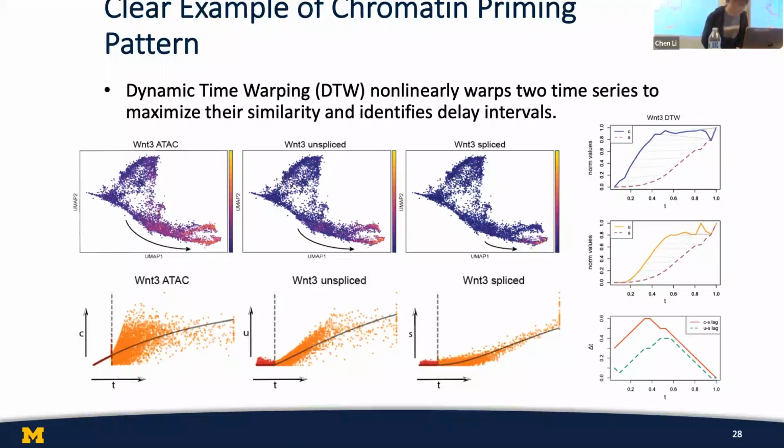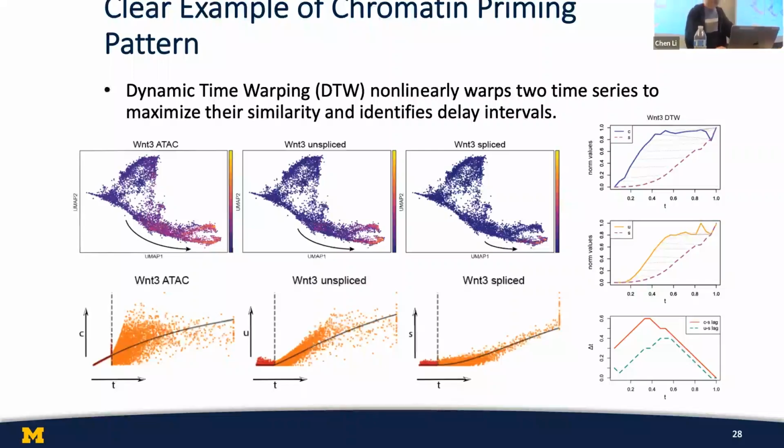For the first figure on the right, it is the chromatin and the spliced expressions. We see that there's a very large lag between the two curves. The second figure shows the unspliced and the spliced count. There's a smaller decoupling region between the two curves.